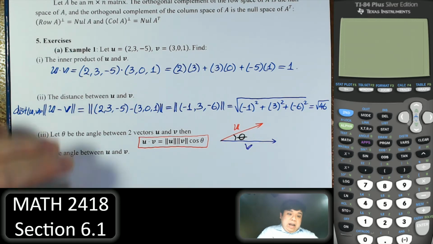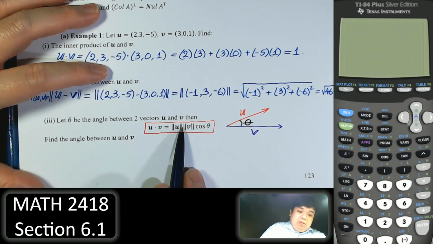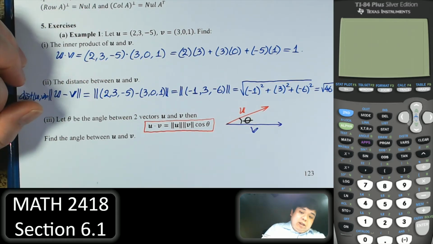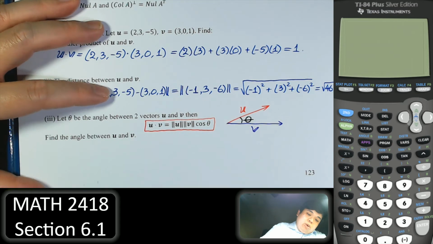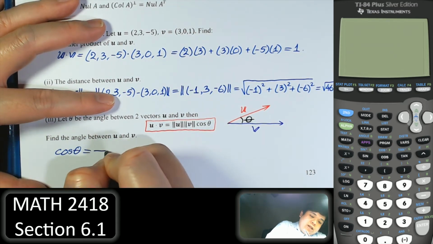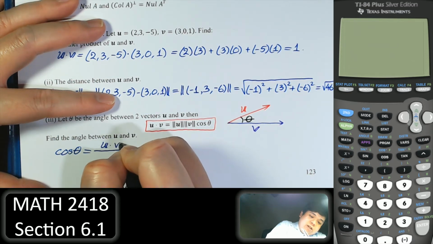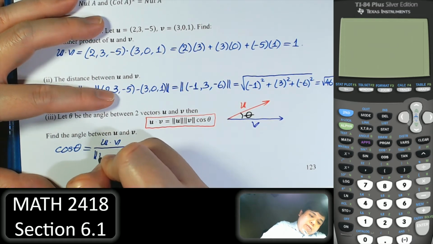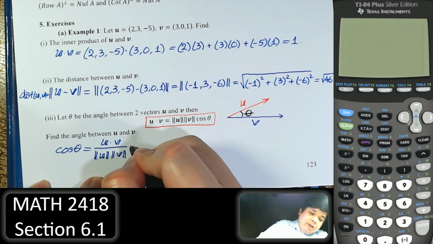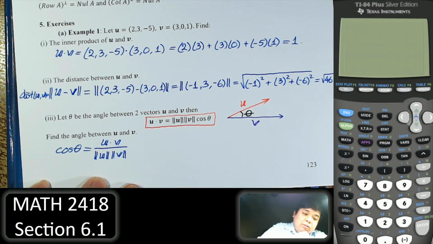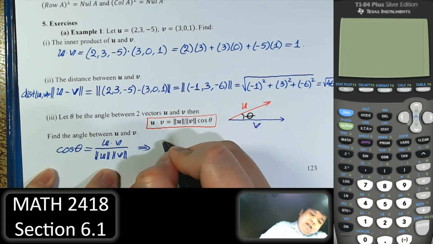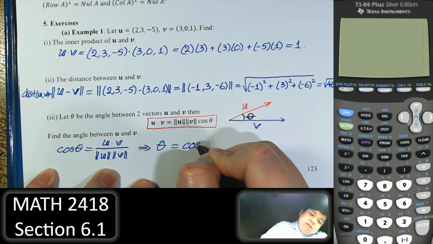Now if we want to find the angle, we just divide by the product of the magnitudes on the other side and take the cosine inverse. So we can say cosine of theta is equal to the dot product over the product of the magnitudes. Since we don't have particular numbers, we're just going to write it like that, and so theta is equal to cosine inverse.